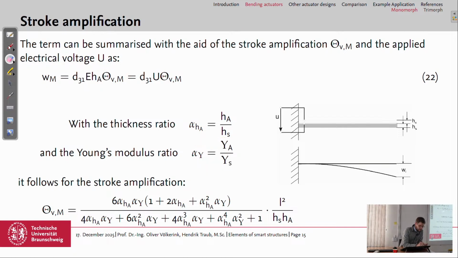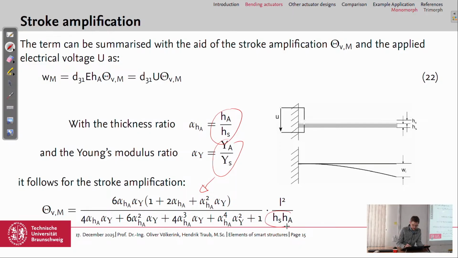And if we do this and use these ratios in the stroke amplification factor, then we get this equation where we don't have to put actual numbers for Young's modulus, but we can look at different ratios between the Young's modulus.